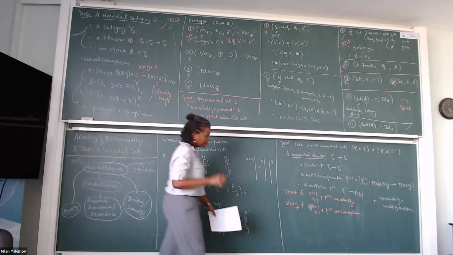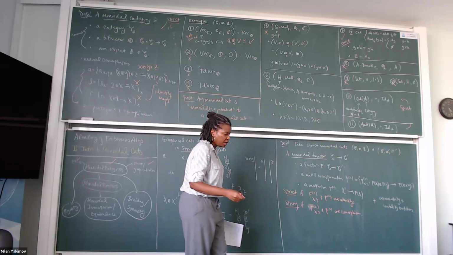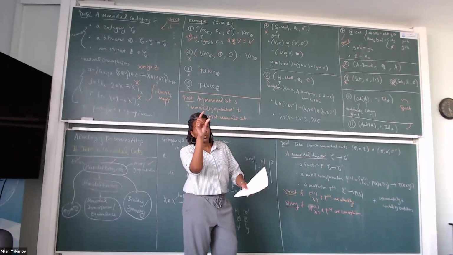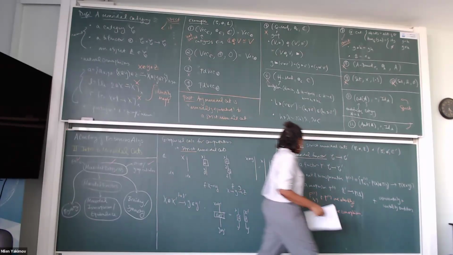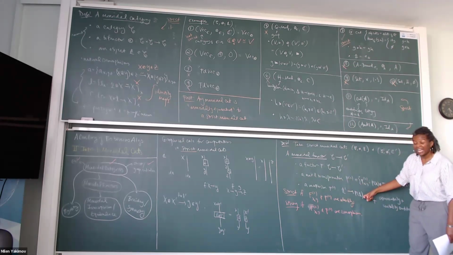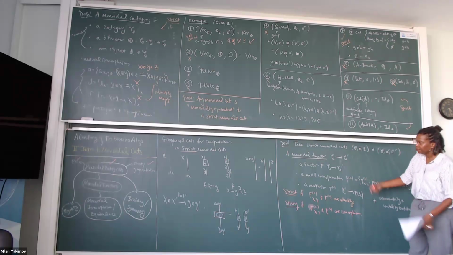All right, so just to note, sometimes if you read papers or books, strong is automatically imposed. So if you see the word monoidal functor, sometimes you really have a natural isomorphism, and sometimes this is actually an isomorphism. So we kind of have to be careful reading from paper to paper.